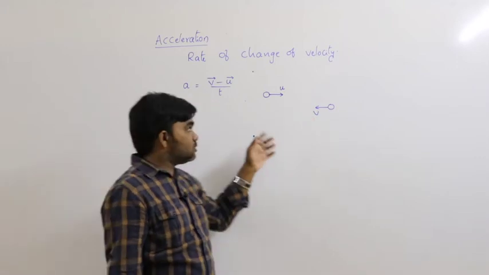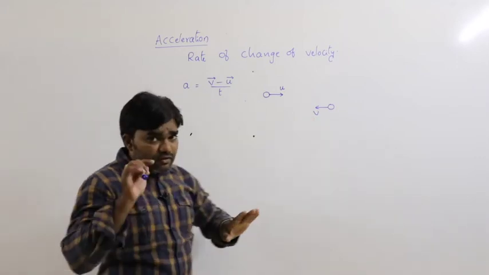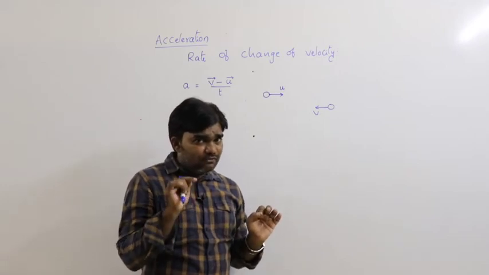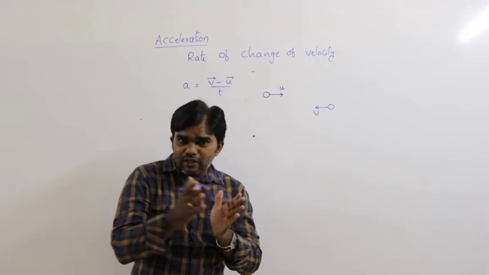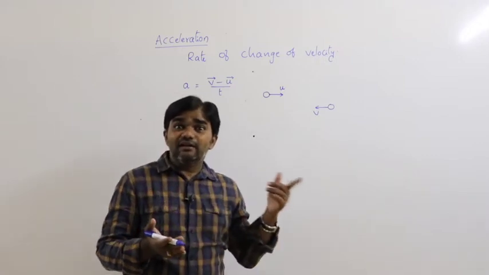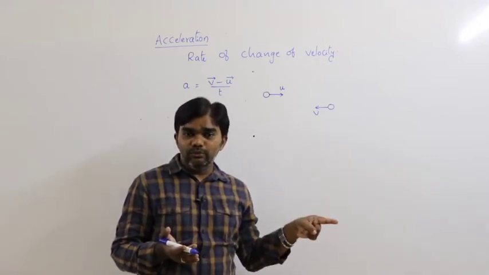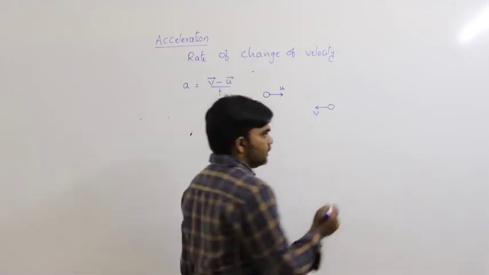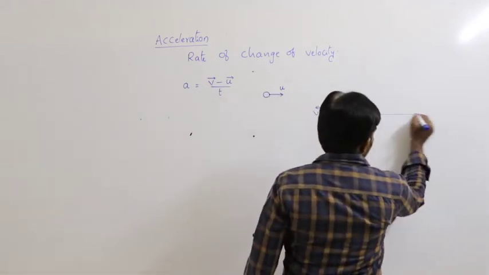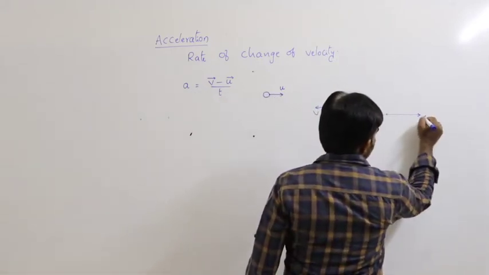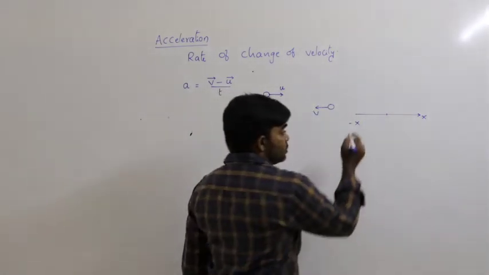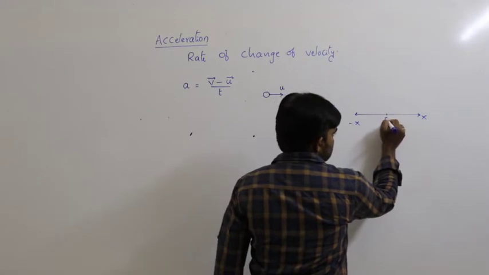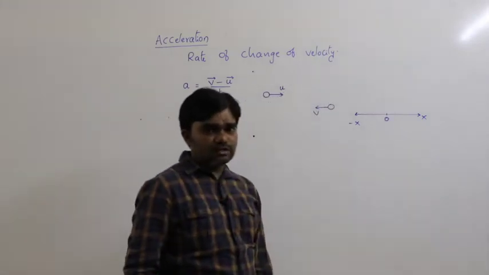Velocity is a vector quantity, which we discussed already. Vector quantity means if one direction is positive, the other direction must be negative. Let us say it is the positive x-axis and the negative x-axis, and this is the origin.